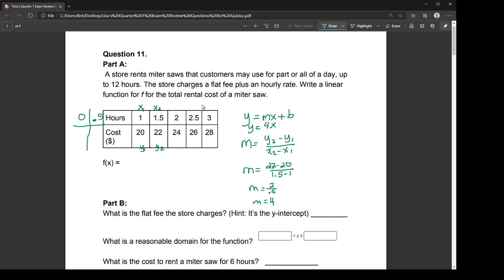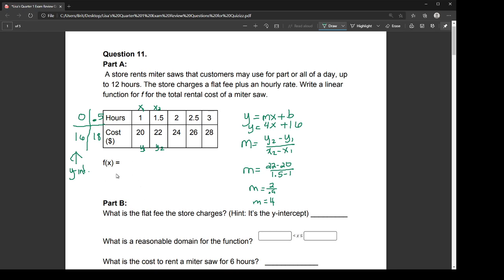That's just counting backwards by 0.5s. On this one, if I'm counting backwards, I'm changing by 2. So I have 24, 22, 20, so another 2 back would be 18, and another 2 back would be 16. So where my x value is 0, my y-intercept is 16.